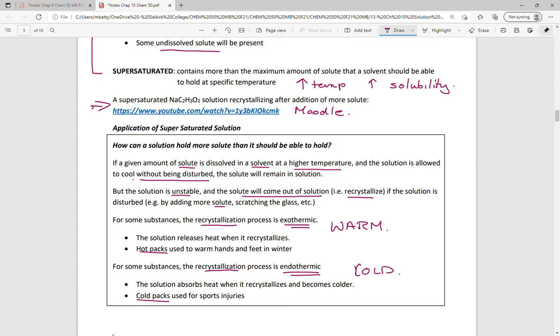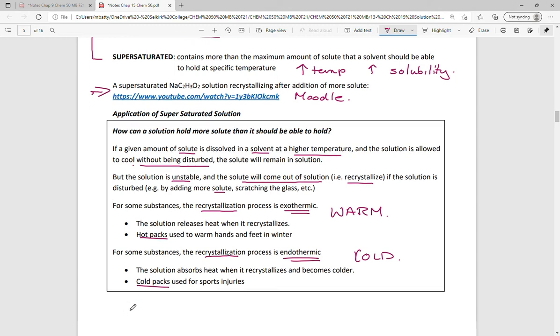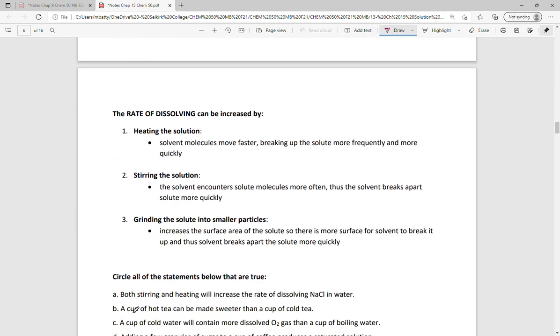So oftentimes you can recharge these by boiling them and remaking or reestablishing that supersaturated solution. So kind of a cool application, and it really does depend on this physical property of solubility.